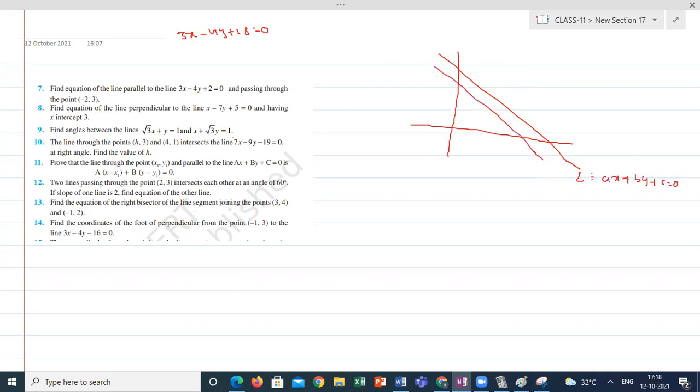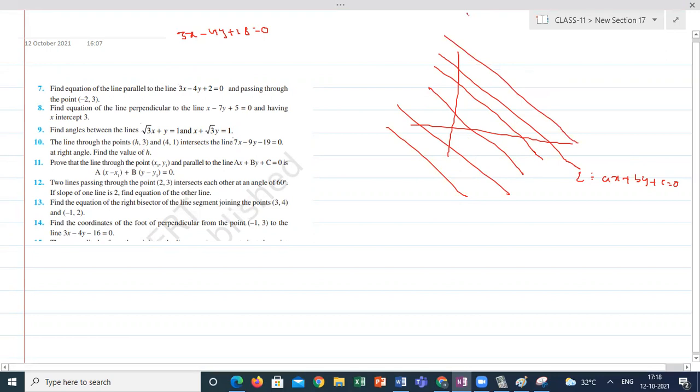And I am having so many lines like this, n number of lines like this. So all the lines are parallel to line L.